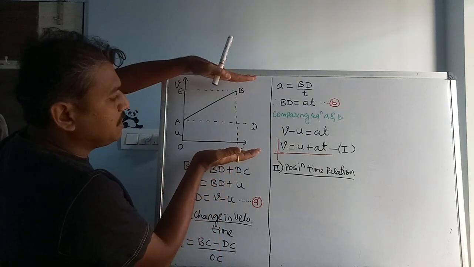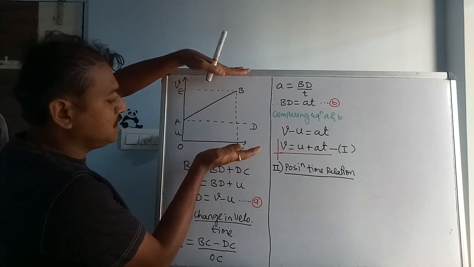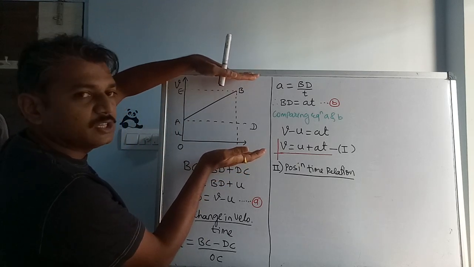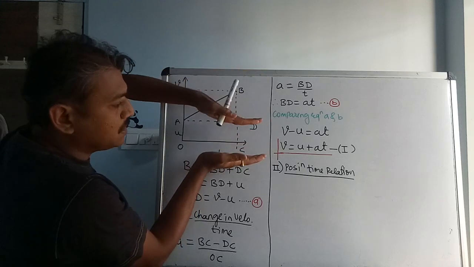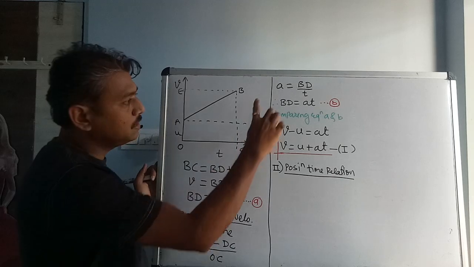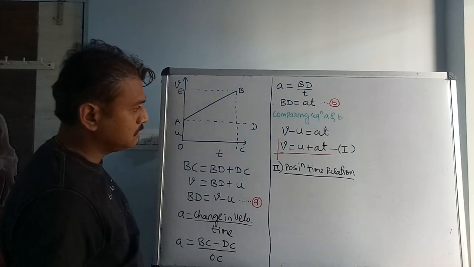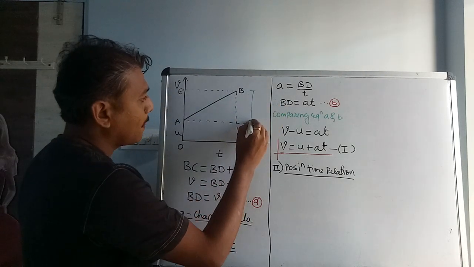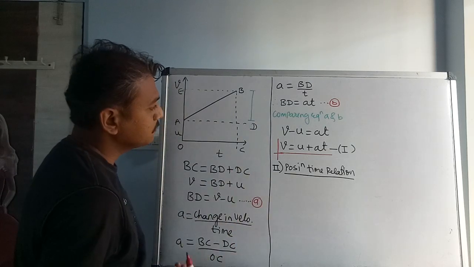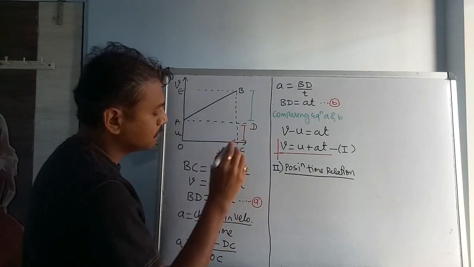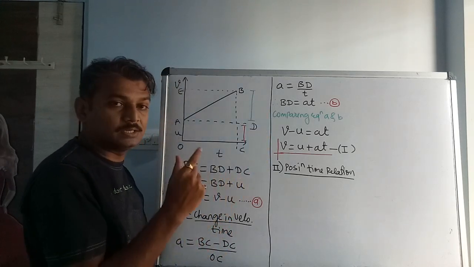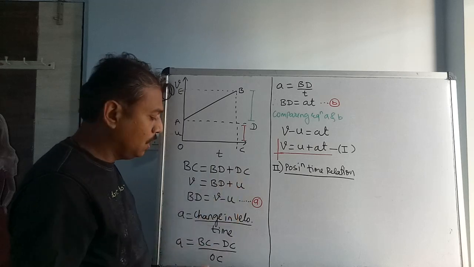You can see here BC is a segment which is made with two small segments. BC is made with BD plus DC. This is BD and this is DC. It means BC is made with these two segments, just that I have written here.